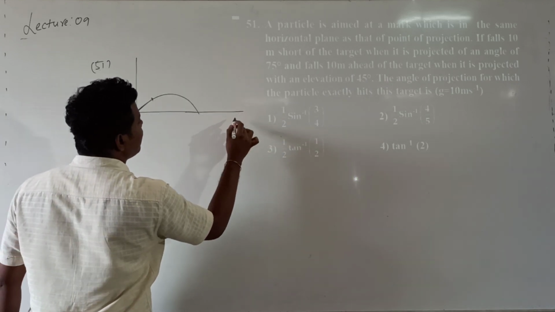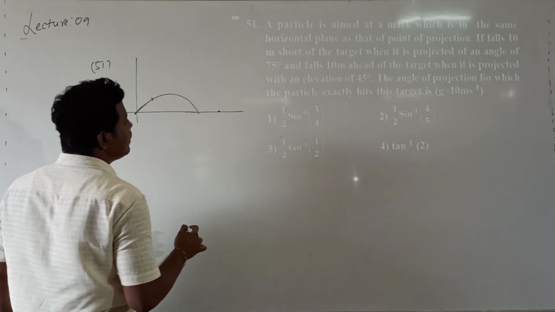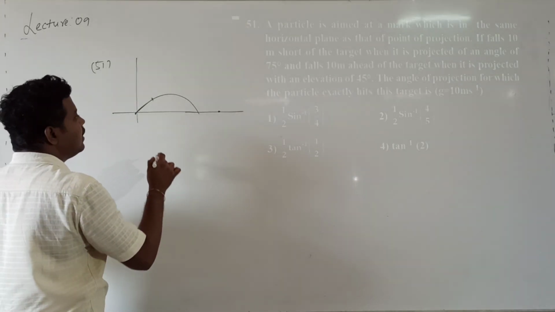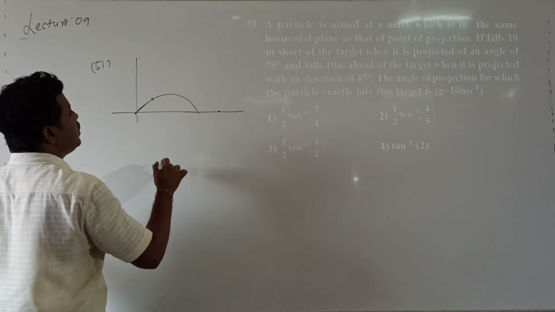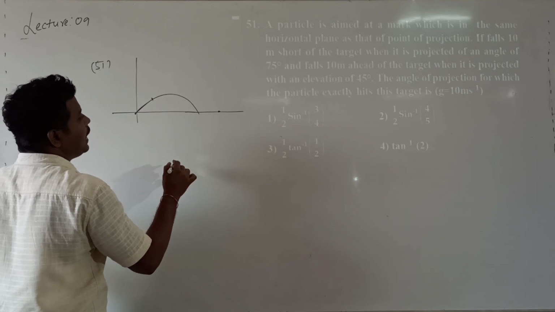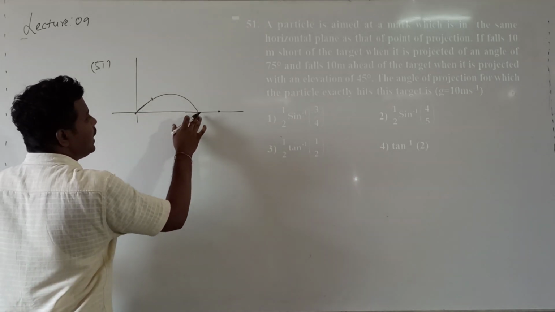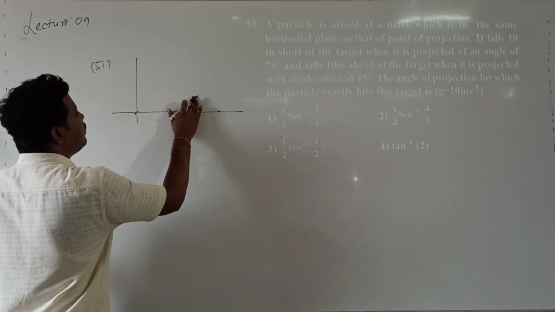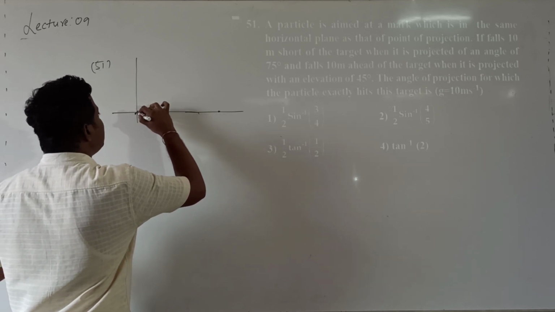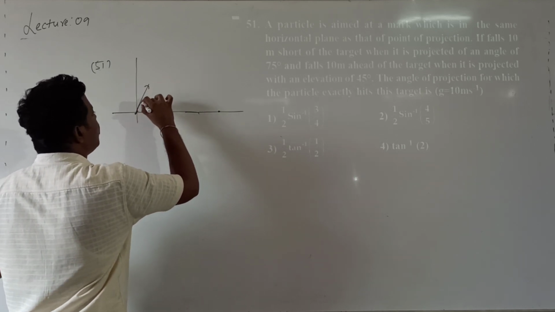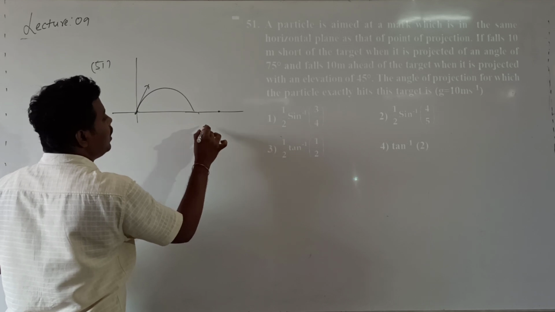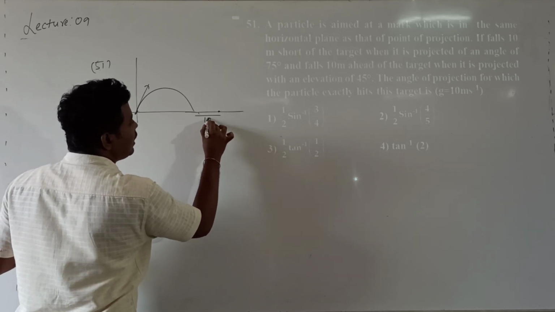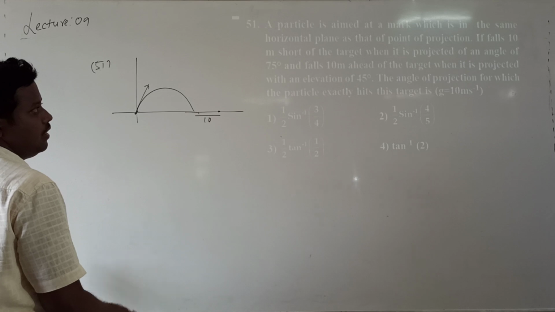Actually, somewhere the target is there. So when the body is projected the first time, with what angle? The first time, the angle of projection is 75 degrees. So this is the angle of projection value. Then the body falls 10 meters short.